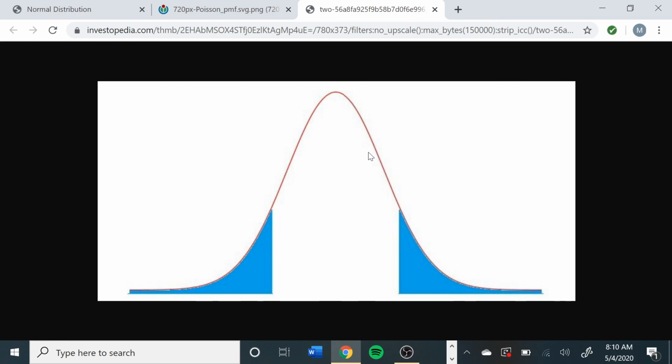But all these probability distributions, they all work the same way. Think of them as models. Frequently, they're models of something called a null hypothesis. If they're not a model of a null hypothesis, they're a model of the universe, the way things are.